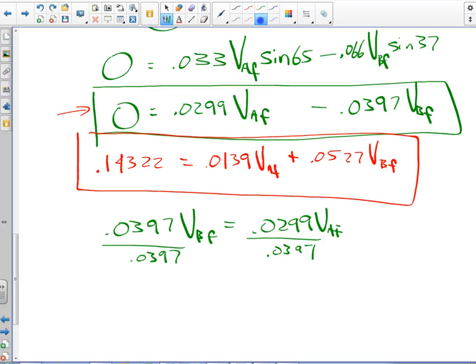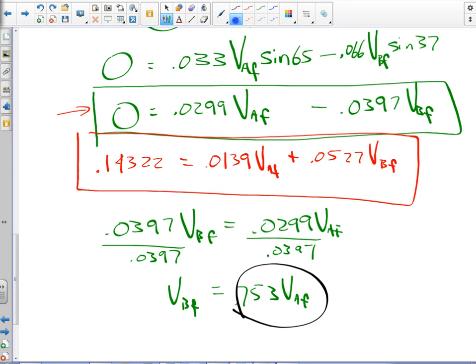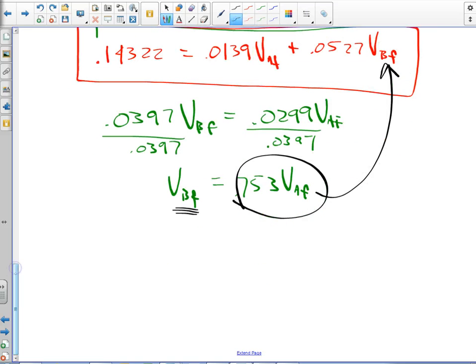Boom. So the final velocity for B is equal to 0.753 times A's final velocity. And then I'm going to plug that, since it's equal to VB final, in for VB final, into the red equation.